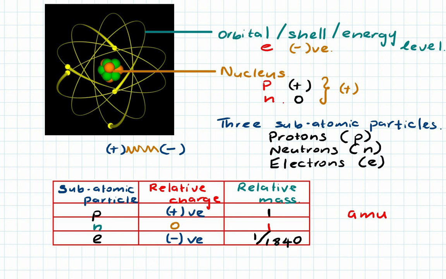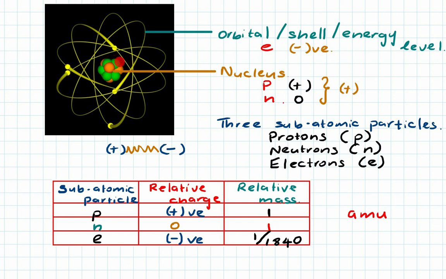Keeping the relative masses in mind, let's once again look at the structure of an atom. You all know that the nucleus is composed of protons and neutrons. And according to this chart, the protons and neutrons carry a specific mass of 1.